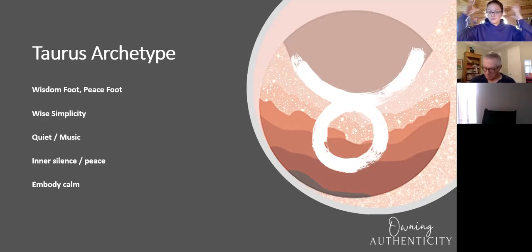It's not something that we can run our wheels and think about and try to sort out. It's when we embody calm that the answer rises up from inside us. It's almost like that calm opens an awareness to listen to what that animal instinct is probably saying all along, but the voice is very quiet, and we have to get quiet to be able to let it be heard.